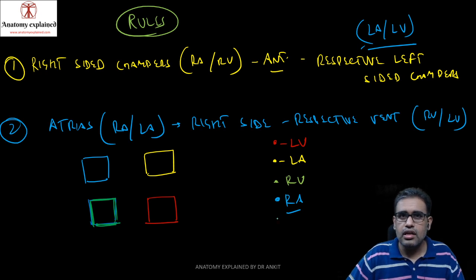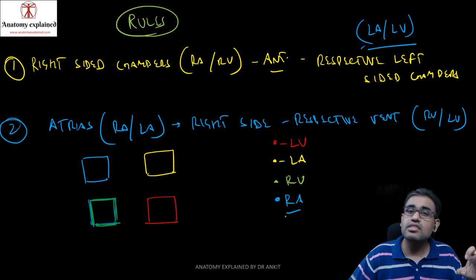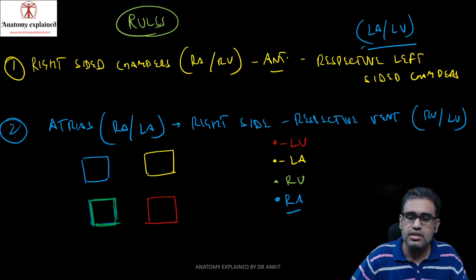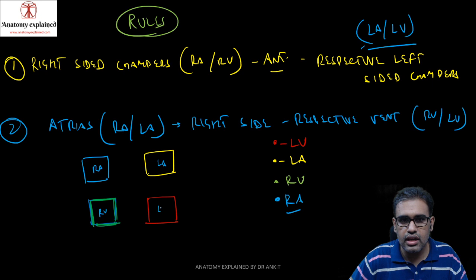Now that is a whole topic, the development of the heart, where the looping of the heart occurs. That is a whole different topic, but here we have to understand how these two rules are performing. The first rule said that the right-sided chambers, RA and RV, are anterior to the respective left-sided chambers, LA and LV.